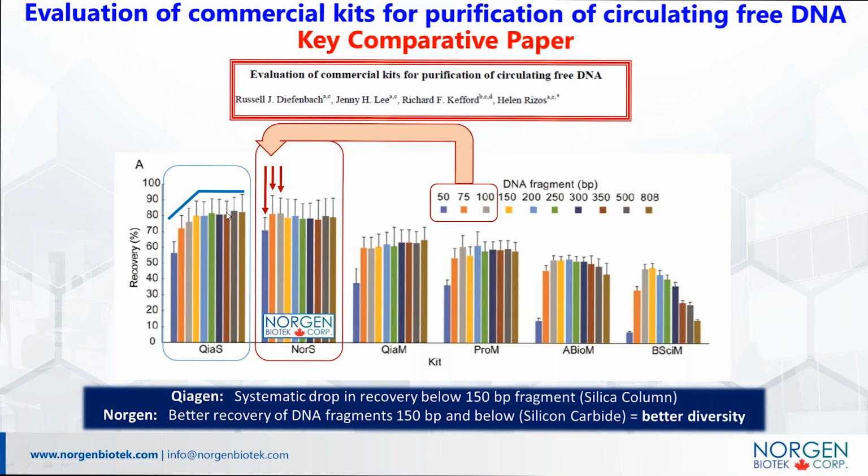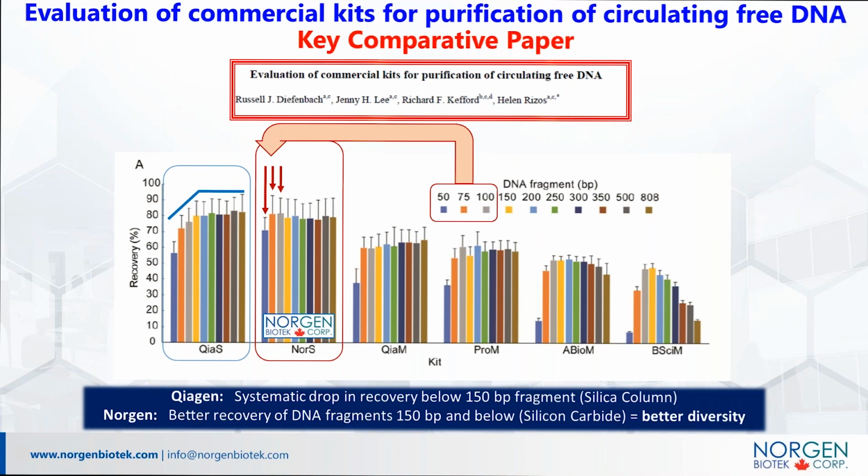That genomic DNA is considered contamination from hemolysis of the red blood cells and white blood cells. And silica columns have very poor recovery of the small DNA sizes, which is the DNA size of interest for any researcher doing work on circulating tumor DNA and circulating free DNA.